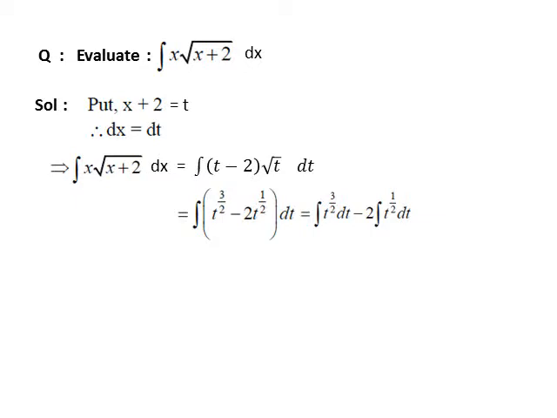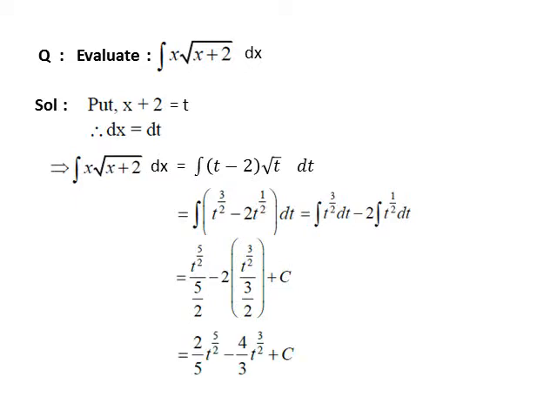But here in place of x we have variable t. So, integral of t raised to power 3 by 2 with respect to t is equals to t raised to power 5 by 2 upon 5 by 2, and integral of t raised to power 1 by 2 with respect to t equals to t raised to power 3 by 2 upon 3 by 2.